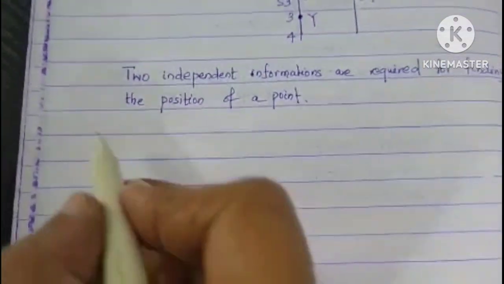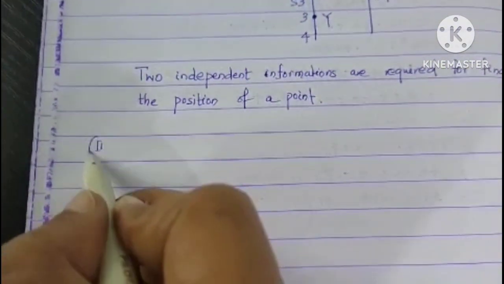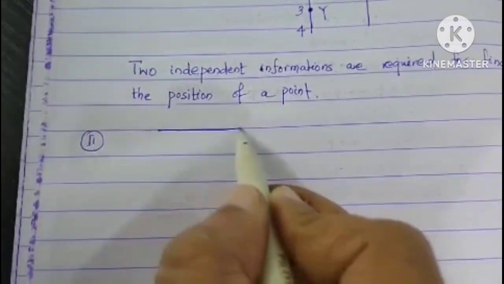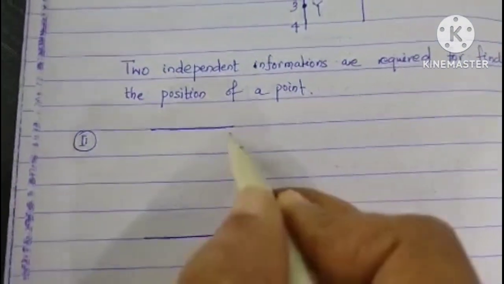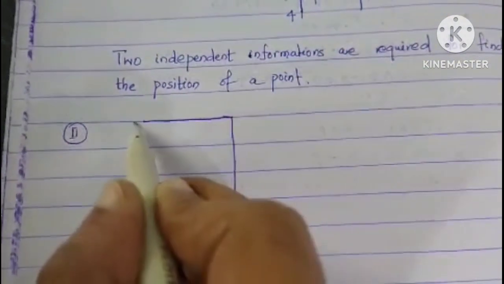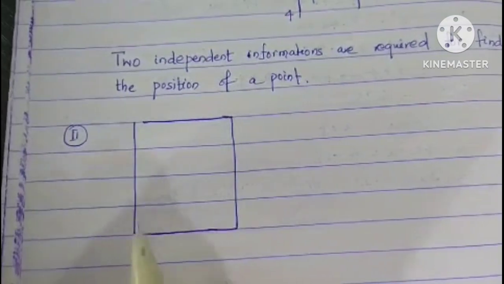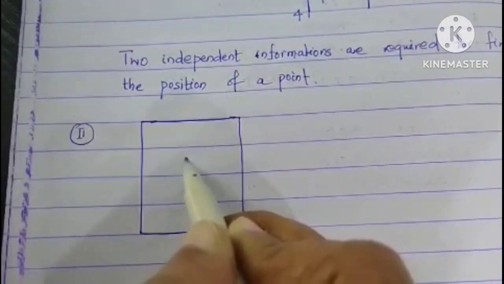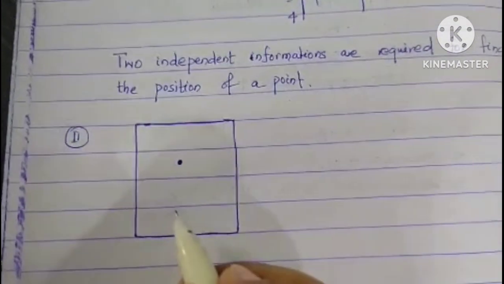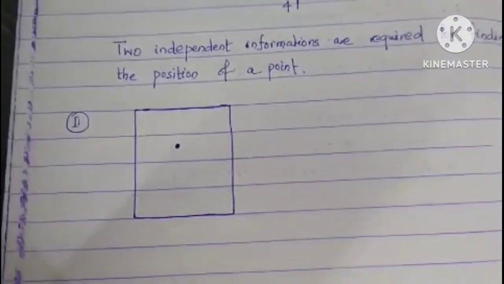Okay, let us learn through another example. Suppose one dot has been given in this frame. In this frame, one dot has been given here. Now you have to tell where this dot is located.